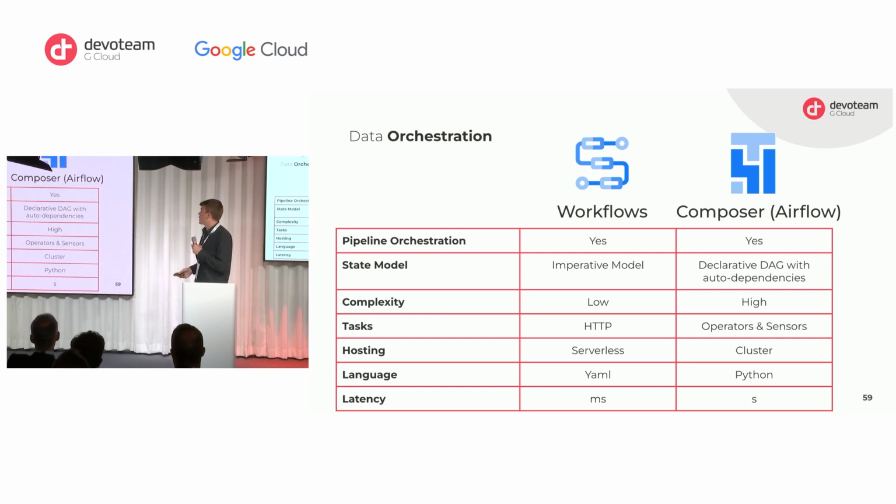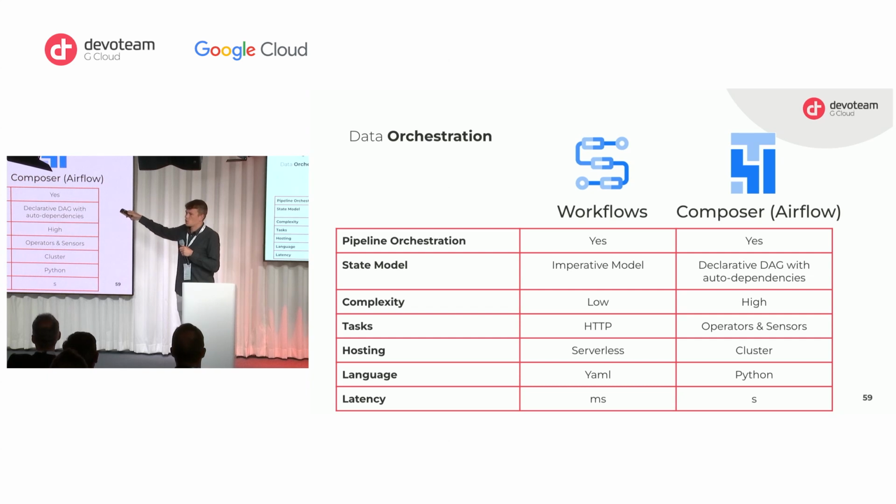With Cloud Composer, you're able to orchestrate very complex pipelines in a declarative manner. It automatically finds dependencies between steps. You can have high complexity, and you can include bash operators, Kubernetes pod operators, etc., with operators and sensors.